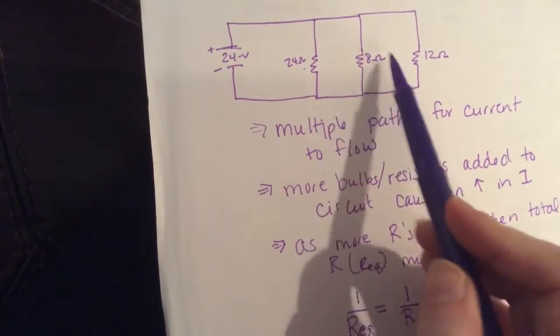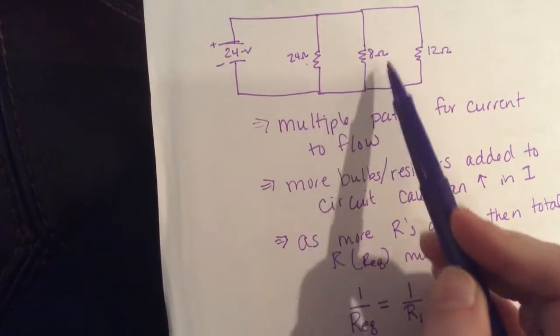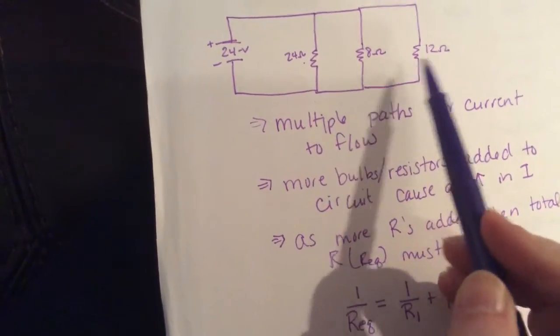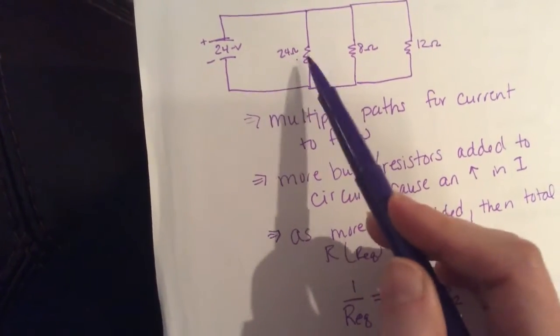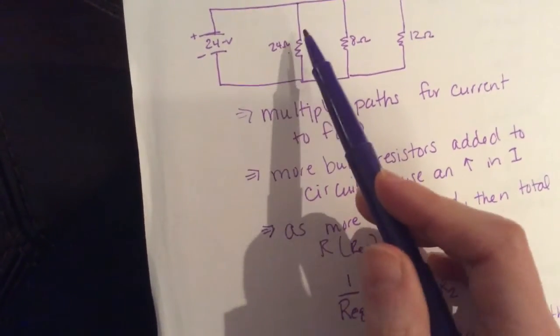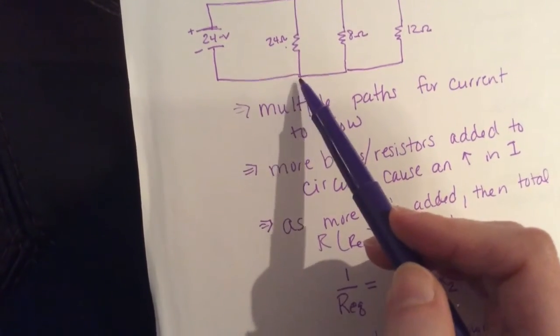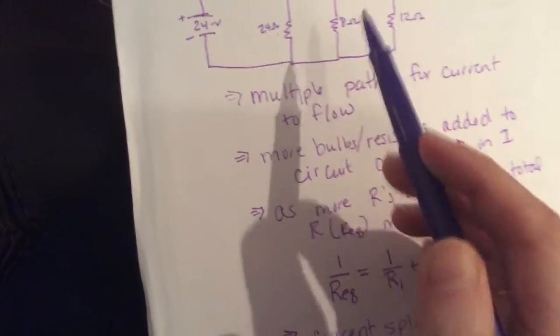The 8 ohm has less resistance, so it's much easier. Current is going to want to take the path of least resistance. So more current here, medium current here, least amount of current here. Current will still go down the resistant path, just like people are still going to take 90 even though it's back-to-back traffic and they say it's going to take an hour to get to Chicago. Somebody's always going to go that way.